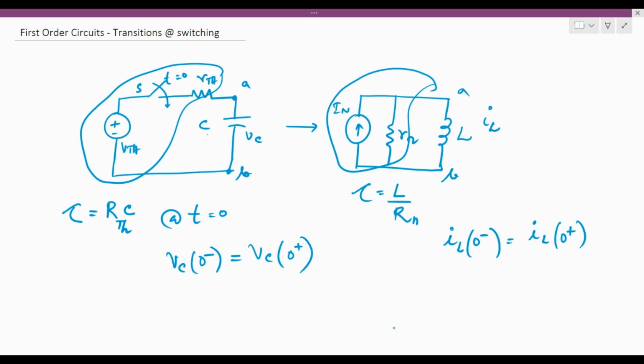Now, the third thing which we need to keep in mind is this general expression which will help us solve any transient response related numericals.